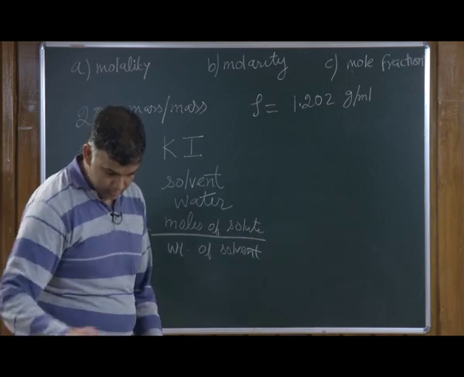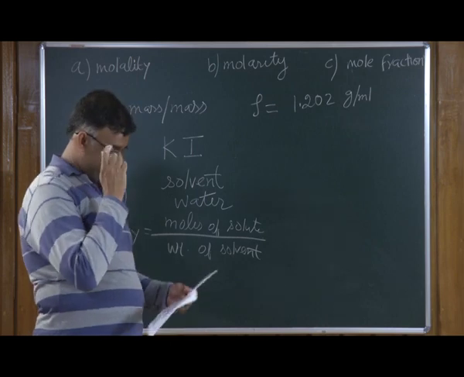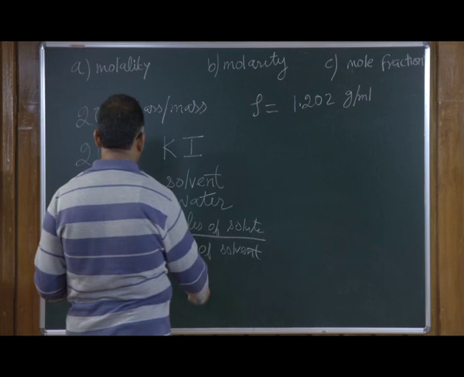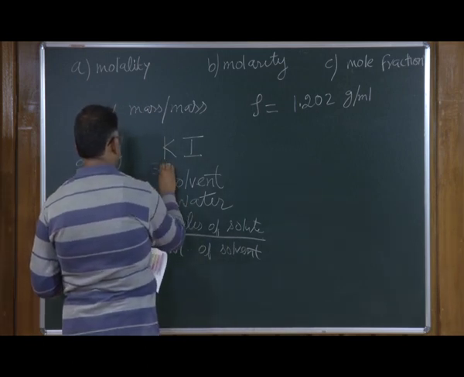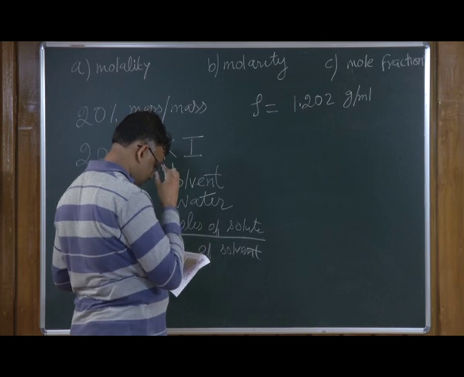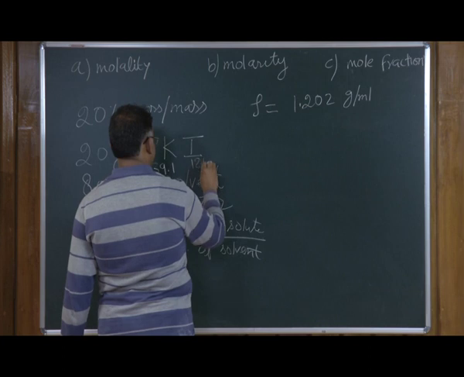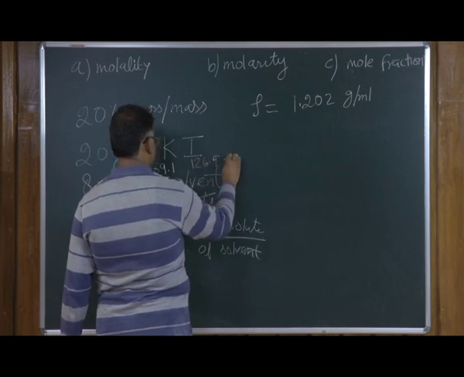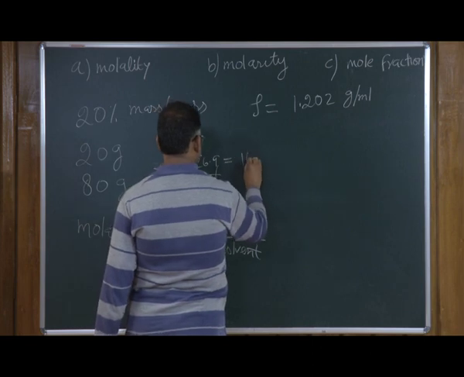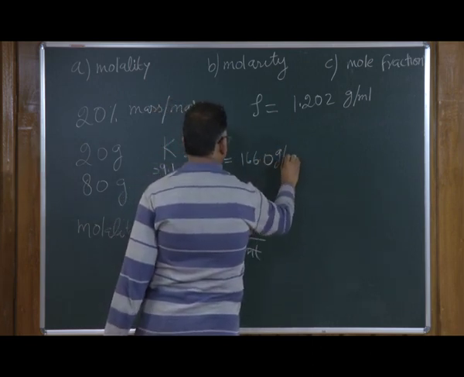Let us use the periodic table again. Potassium is 39.1, iodine is 126.9. So, that gives me 166.0 gram per mole.